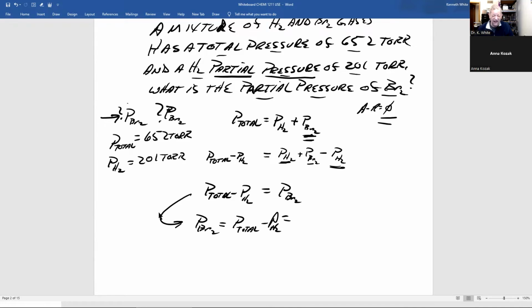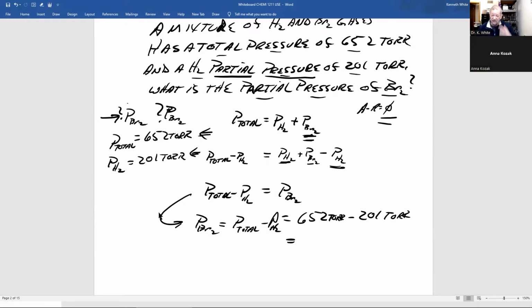And I now have that. And notice we took the time up here to find out from our word problem that P total is 652 torr. And P hydrogen, partial pressure hydrogen, is 201 torr. And I won't use my calculator.